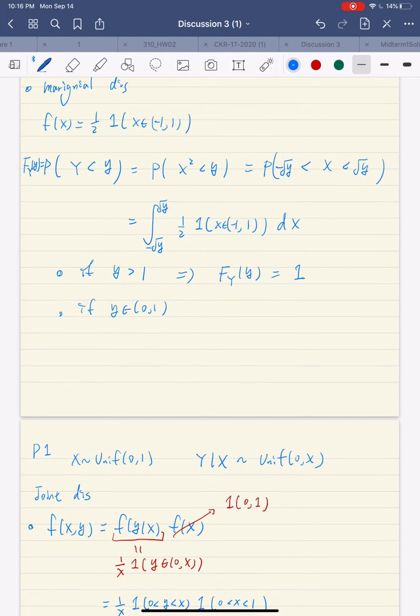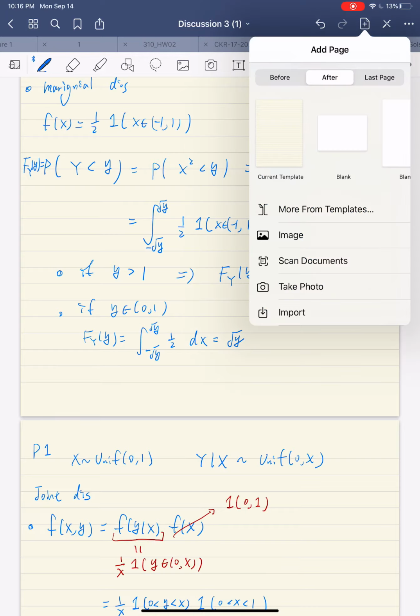So in this case, this F_Y(y) is equal to this integral dx. So the answer is square root of y.